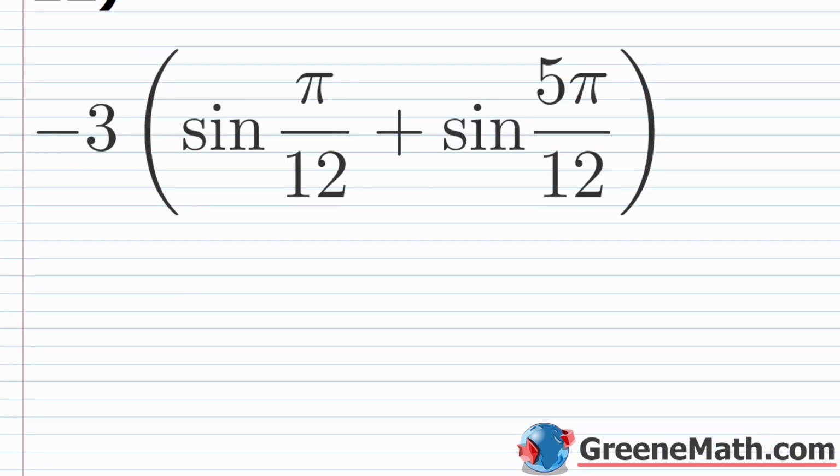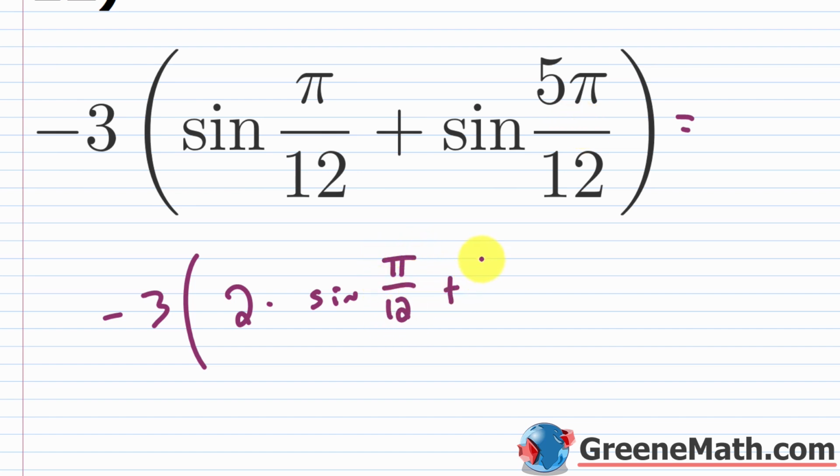So let's scroll down just a little bit. I'll put the negative 3 out in front. And then again, for the formula, it's 2 times the sine of, you're going to go A plus B over 2. So this guy plus this guy over 2. So let me go pi over 12 plus 5 pi over 12 over 2, like this.